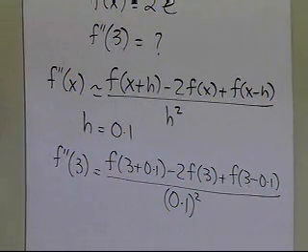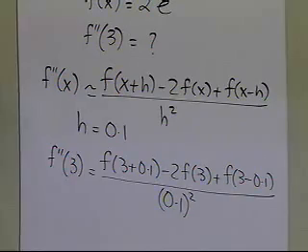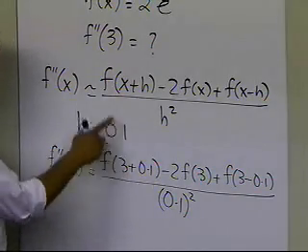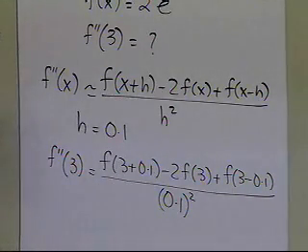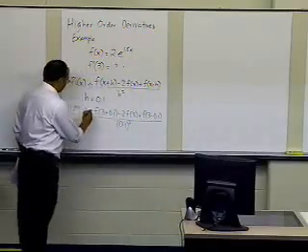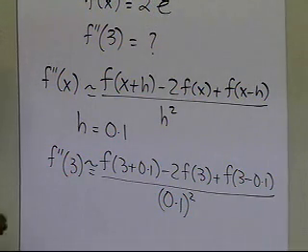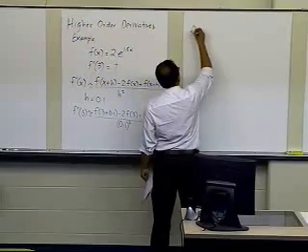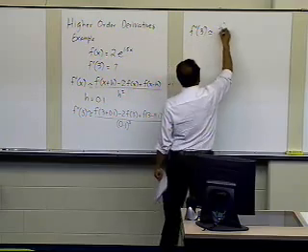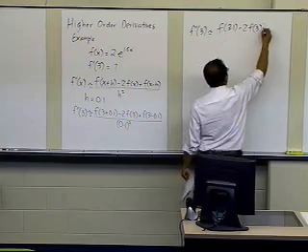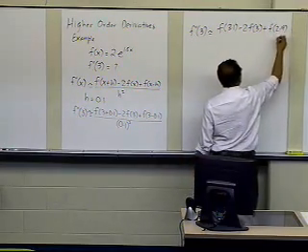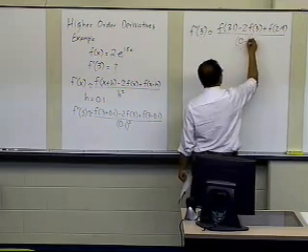So you simply substitute x equal to 3 and h equal to 0.1, and you get all the arguments filled in there. This is approximately equal, because it doesn't have all the terms of the Taylor series in there. So f double prime of 3 is approximately equal to the value of the function at 3.1 minus 2 times the value of the function at 3 plus the value of the function at 2.9, divided by 0.1 squared.